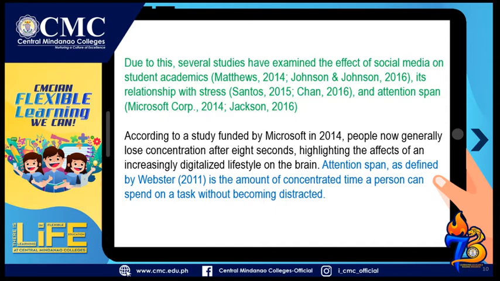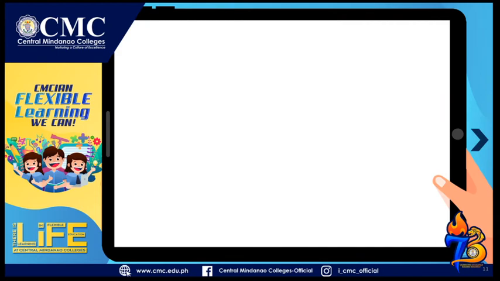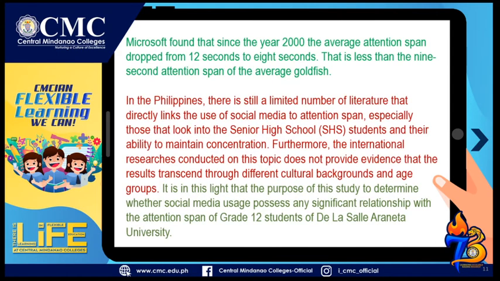Attention span, as defined by Webster 2011, is the amount of concentrated time a person can spend on a task without becoming distracted. Microsoft found that since the year 2000, the average attention span dropped from 12 seconds to 8 seconds. That is less than the 9-second attention span of the average goldfish.